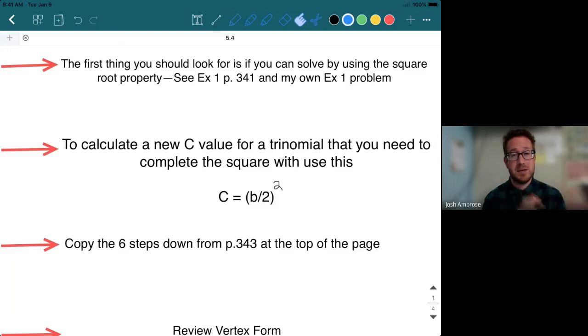Take a look at example 1 on page 341, and my first example problem is also going to correlate with that. In other words, it's going to make the square root property seem very simple, easy. Yes, it is, but unfortunately there's a lot of problems where the square root property isn't always going to work. So let's see what you have to do next if it doesn't work.